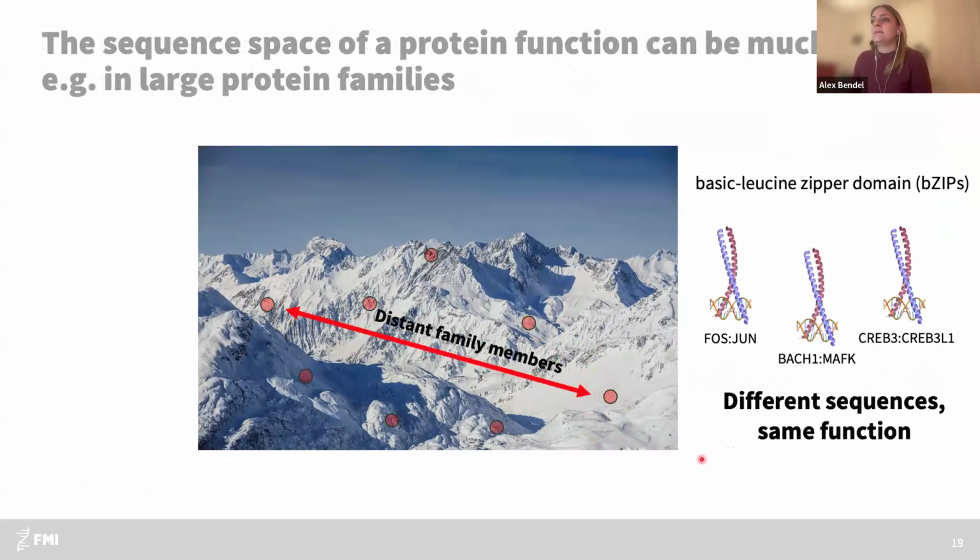But what actually happens if we consider a whole protein family or protein domain family, where we have a very widely sampled sequence space, because these different family members have rather distant sequences, but they have very similar functions, as is the case for the family of the basic leucine zipper domains, or bZIPs, that are quite different in sequence, but they all mediate dimerization via coiled coils.